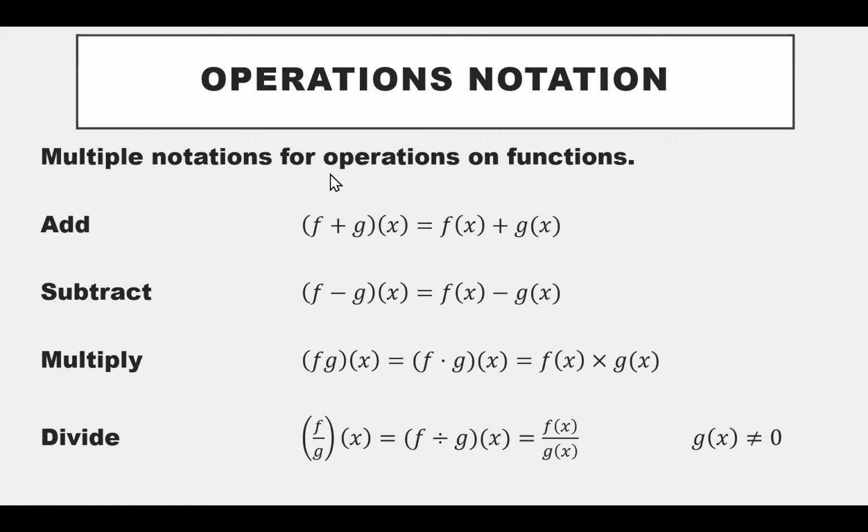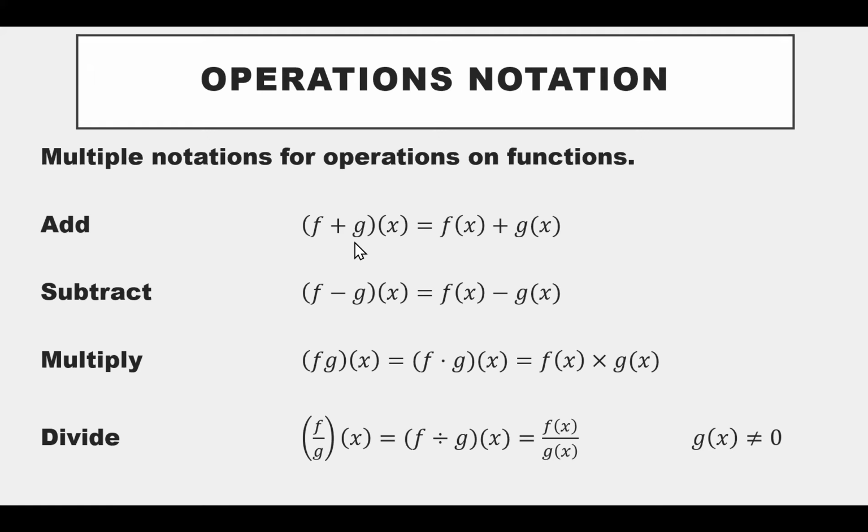So those are our basic operations on functions: adding, subtracting, multiplying, dividing. And then we saw that we can also multiply by a scalar if we just replace the f with a number or the g with a number. We can do scalar multiplication as well. So each of these operations gives me a new function.